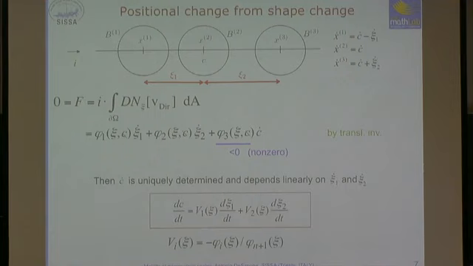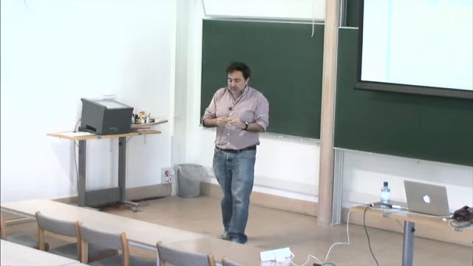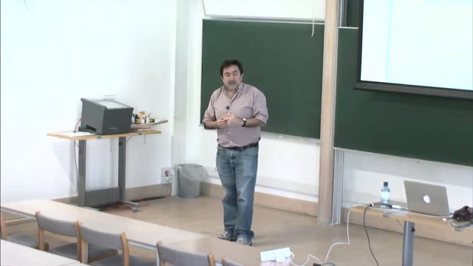Right? If there is enough nonlinearity, then this is no longer a linear ODE, because these coefficients are shape dependent, and you may get a non-periodic positional change driven by a periodic shape change. Okay? So this is contained in this observation. So this is nonlinear. You need nonlinearity if you want to get net motion. And you can get nonlinearity only if there is non-trivial dependence of those coefficients on psi.